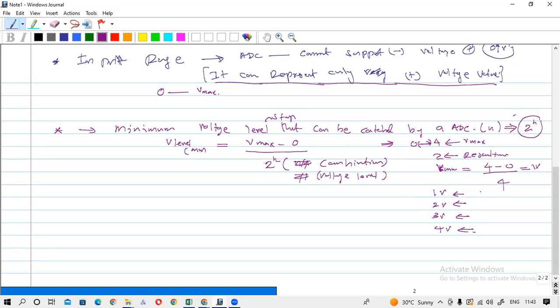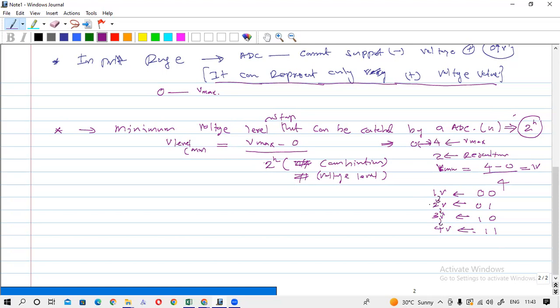So this ADC can represent only 4 voltage levels, and 1 is the minimum one. You can see that there is always a 1 step.